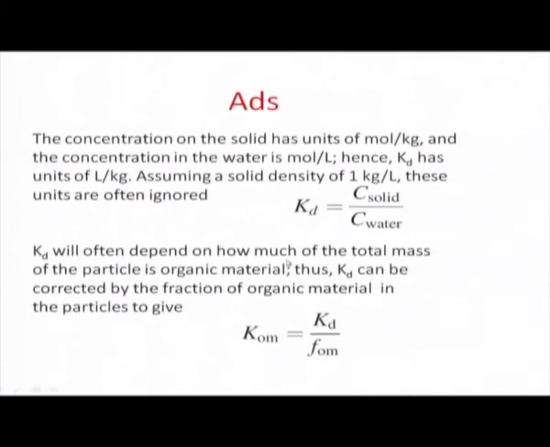will often depend on how much of the total mass of the particle is organic matter, that is, the sediment organic fraction. So, if you know this, that also can be equated by this. The Kd can be correlated with the fraction of organic material in the particles.